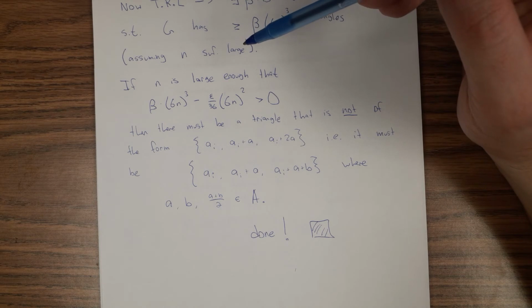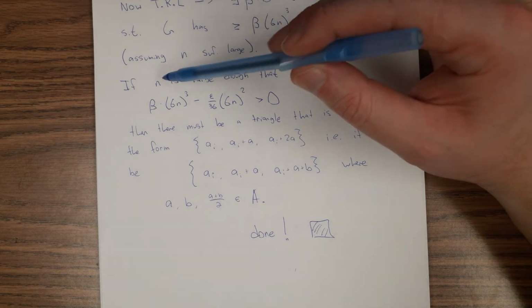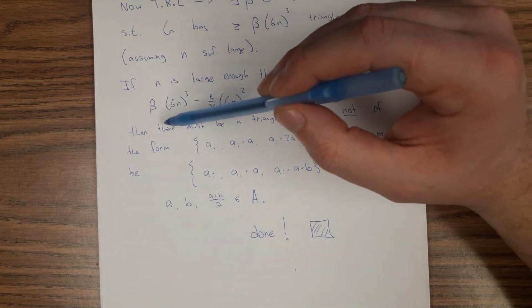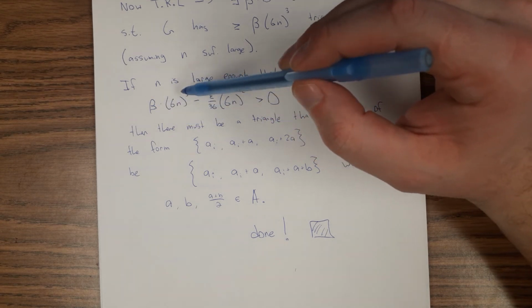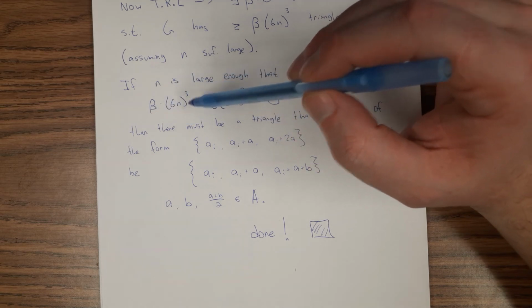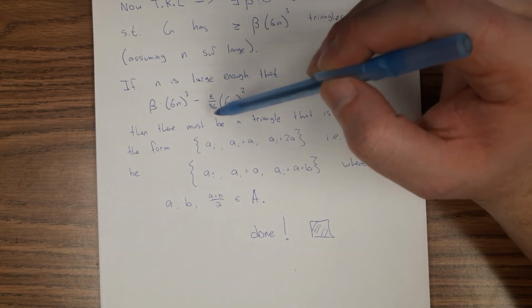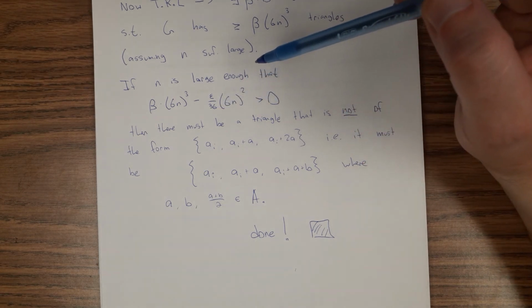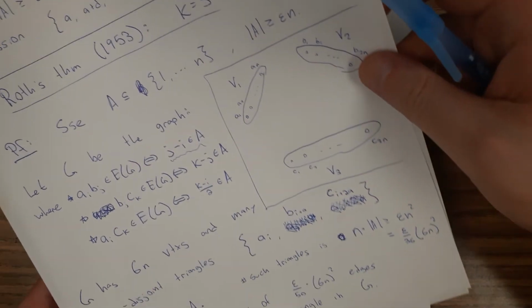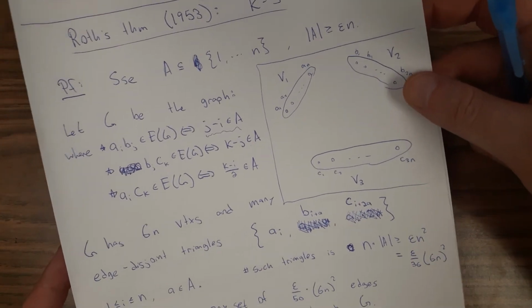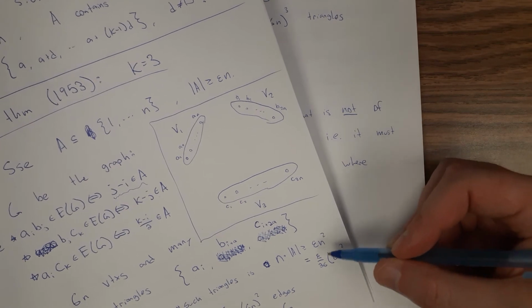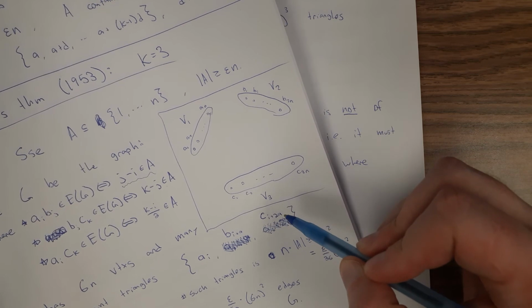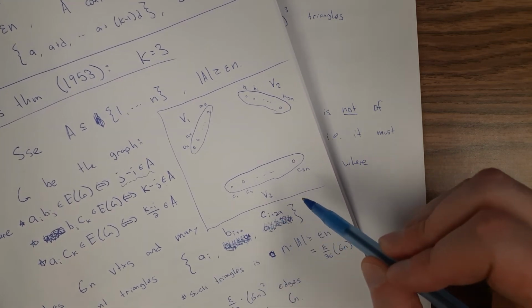Well, if n is large enough such that this is a lower bound on the number of triangles we have total, and this is the number of triangles that would have a certain form, this form, right, because we had this special set of triangles, the triangles that look like this.